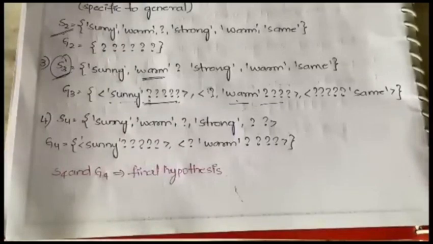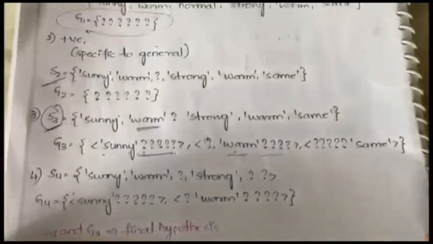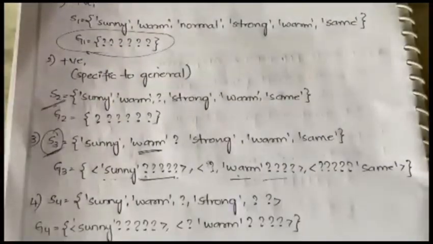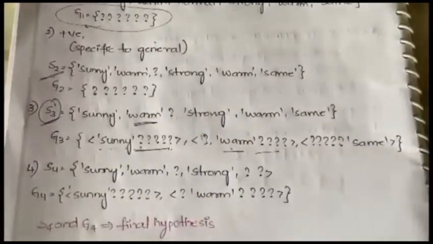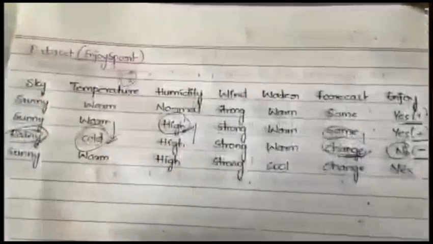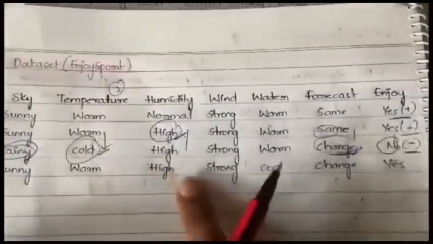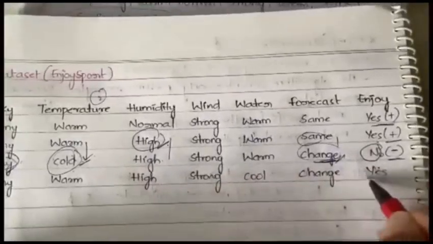Now check the next attribute, high and high. Same. So no change required. Strong and strong, same. Warm and warm, same. But the last attribute is same in S3 and change in the example. So this is different. Therefore, you write same in that position and keep the remaining five attributes as question mark.